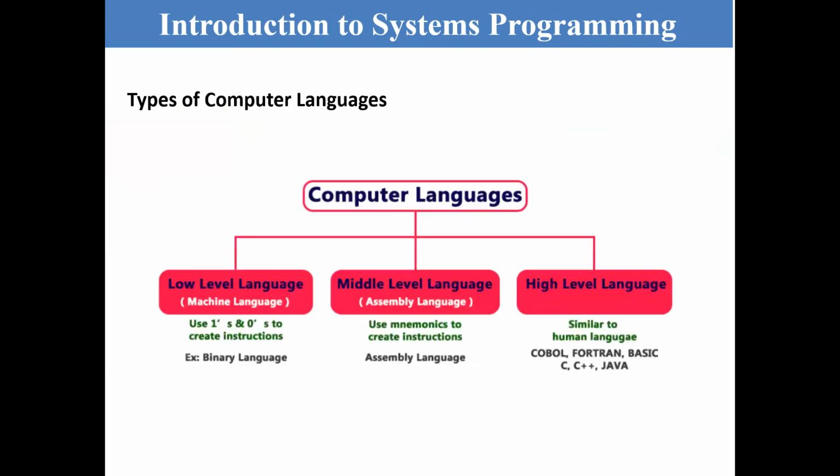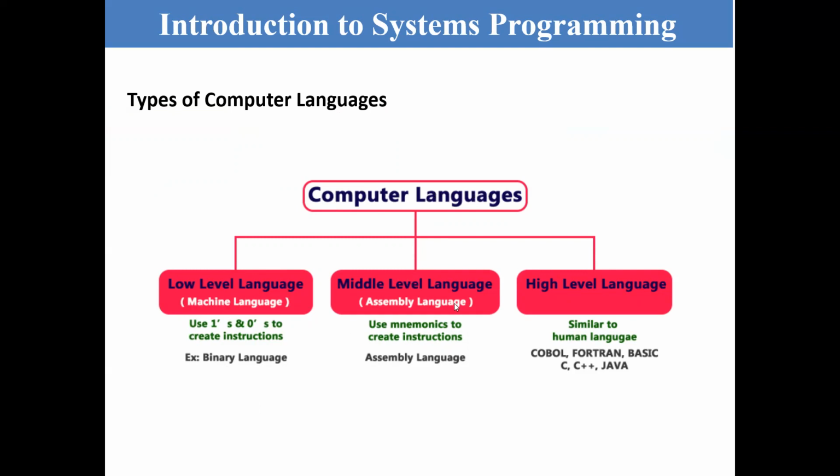Now next, these are some types of computer languages. There are three types: low level language, middle level language and high level language. Low level language means what? That is your binary language, machine level language, right?